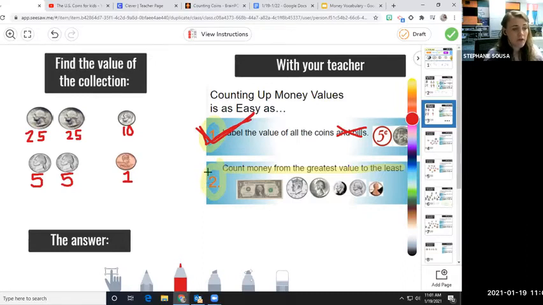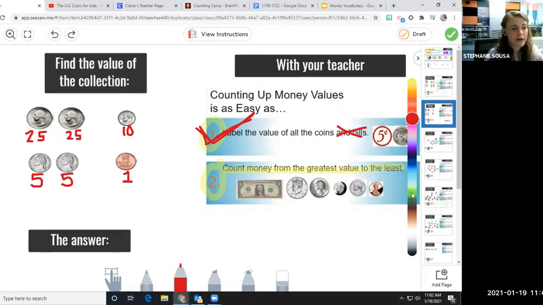Some of you would think you are done and would click next, and you would only be doing half of the work, which is 1 out of 2 parts, which is a 50%, which is an F. You have to do all parts of your work, okay? Step 2 says, count the money from greatest value to least.